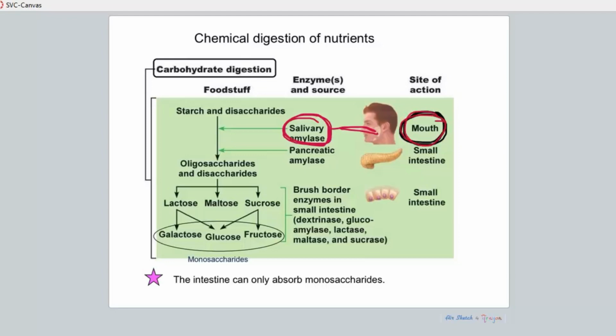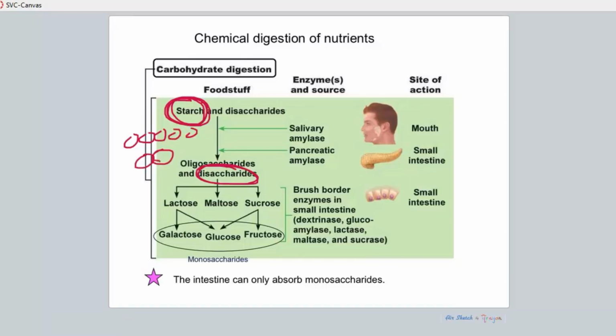And what it does is it breaks down starch molecules into disaccharide molecules. So you have these long, complex starch molecules, and it cleaves off these disaccharides. So that's a great place to start up there in the mouth.